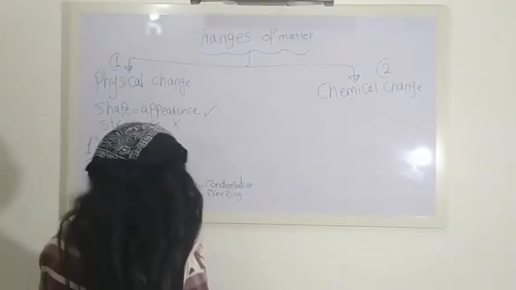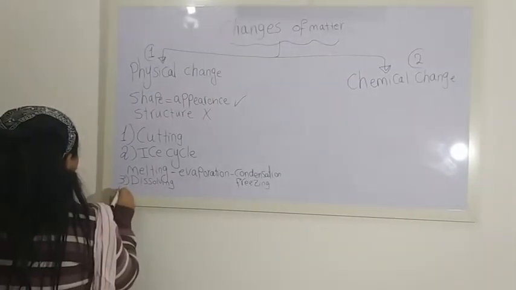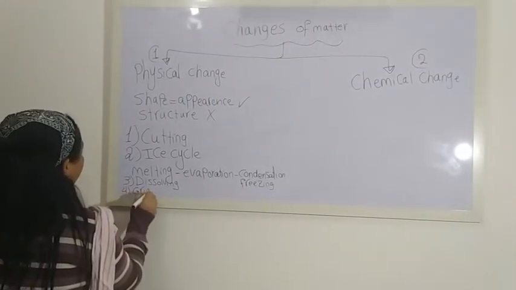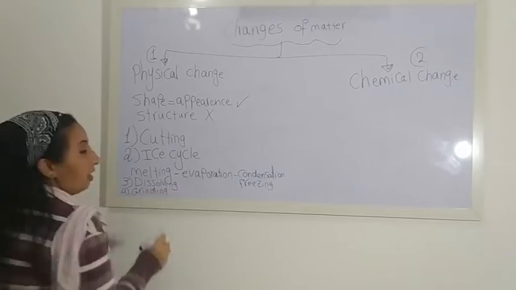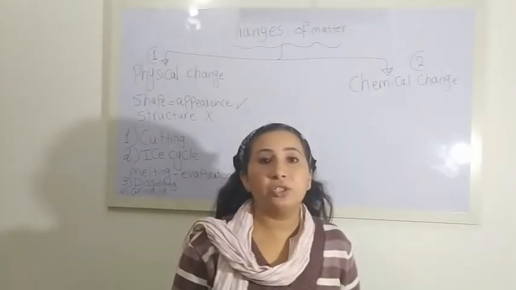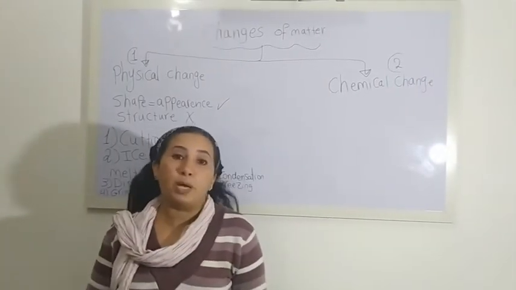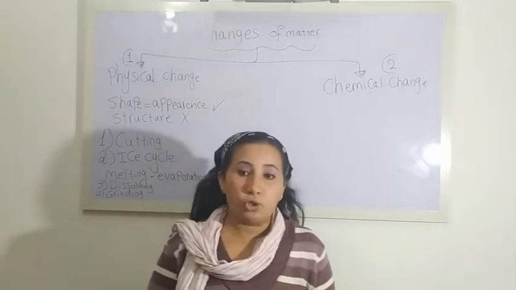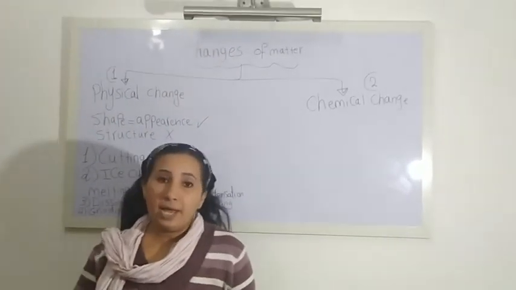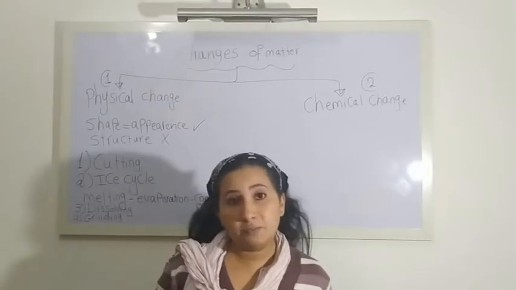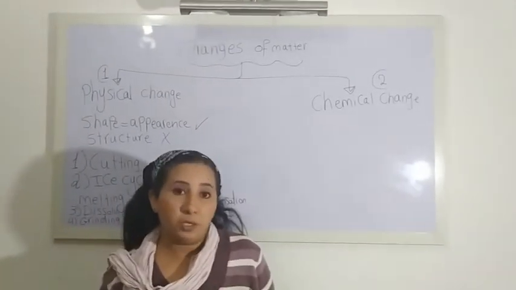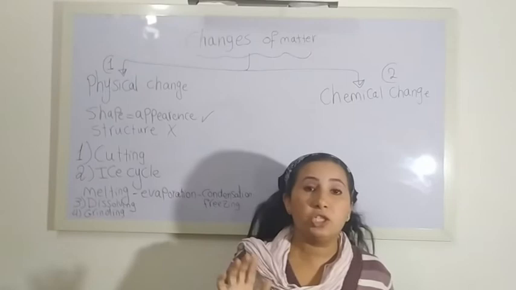Okay? Number 4, grinding. Grinding means to turn any matter into powder, and that is a change in the shape or appearance without any change in the structure.